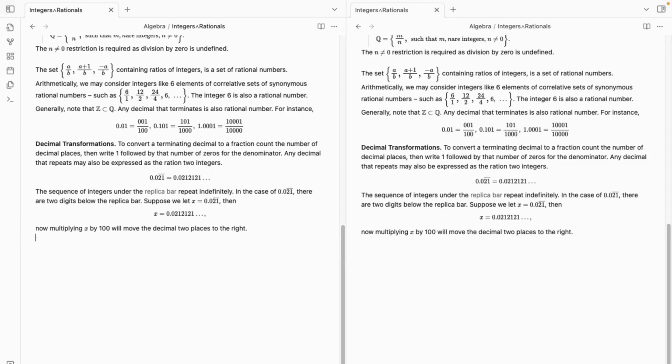Okay, let's see what that looks like. Now if we align these two results and subtract, we get the following.